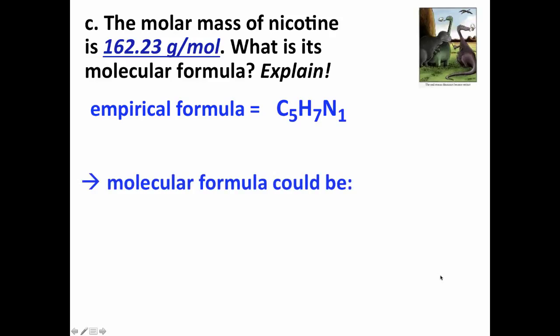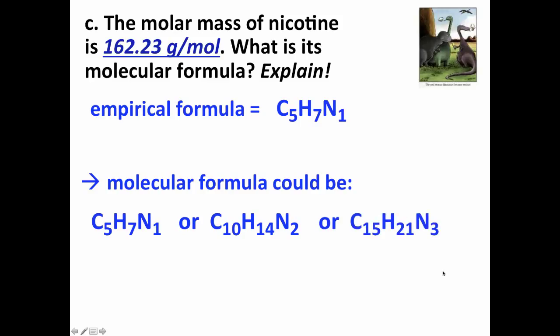The molecular formula could therefore be that, or twice C5H7N1, which is C10H14N2, or 3 times C5H7N1, or C15H21N3, and so on. And what we know is that if we add up 5 carbons, 7 hydrogens, and 1 nitrogen, we get 81.12 grams per mole for the molar mass of the empirical formula.